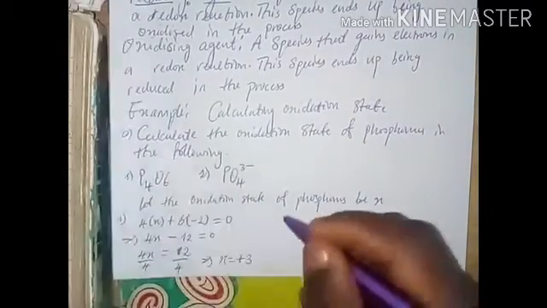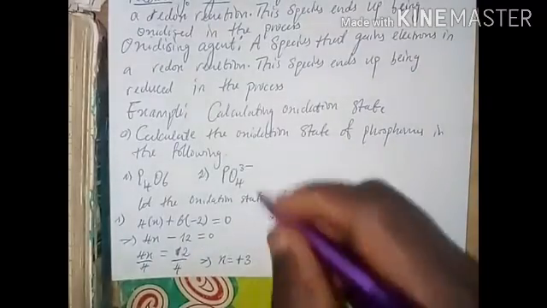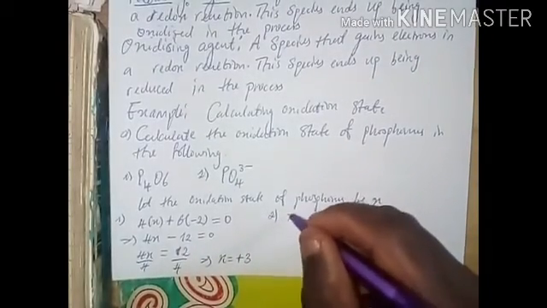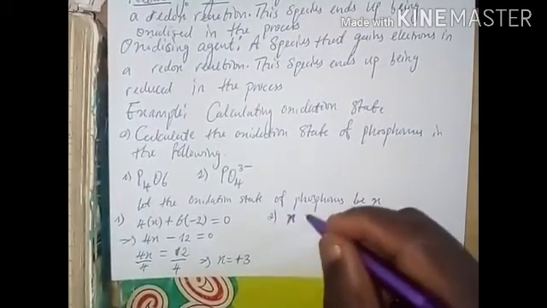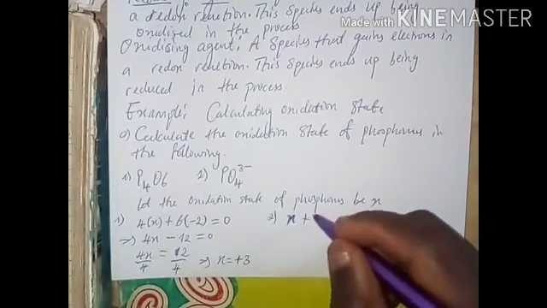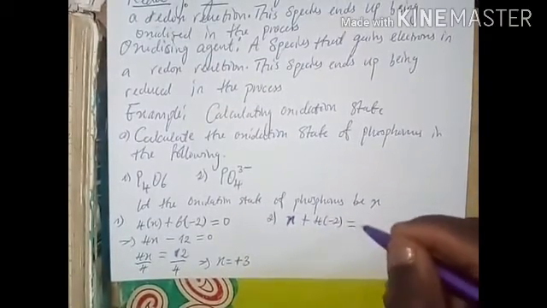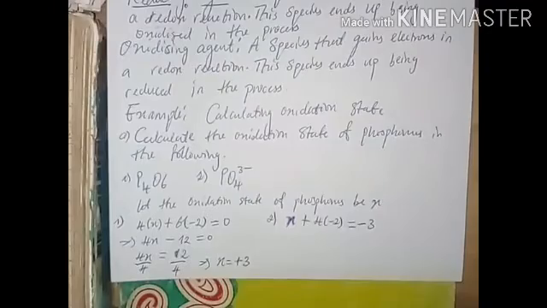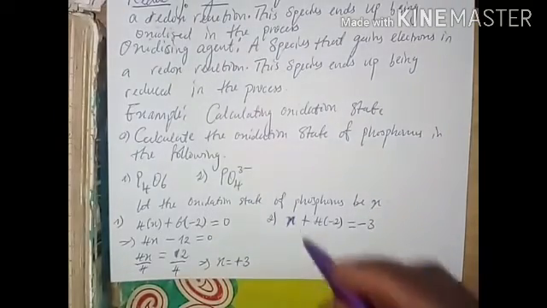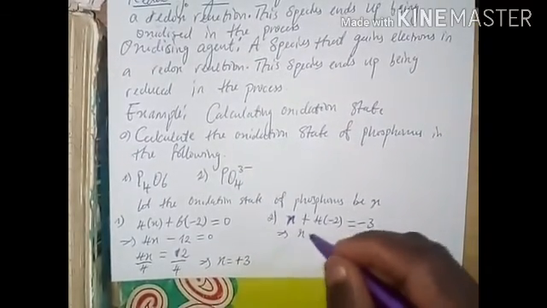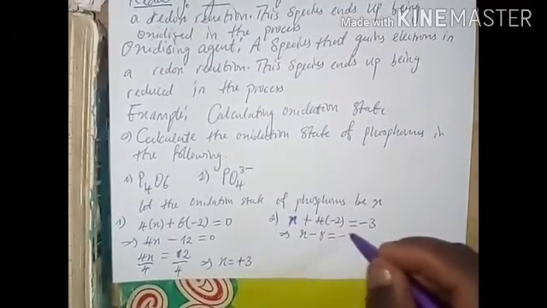This is 1. This should be 2. So from here we can say that X, since there's only one phosphorus, they will have X plus there are 4 oxygen atoms. 4 times -2 should be equal to -3, since the overall oxidation state is -3. This will imply that X minus 8 should be equal to -3.